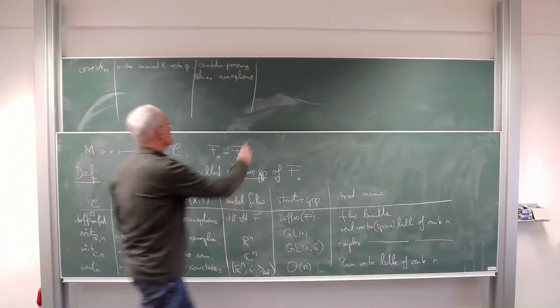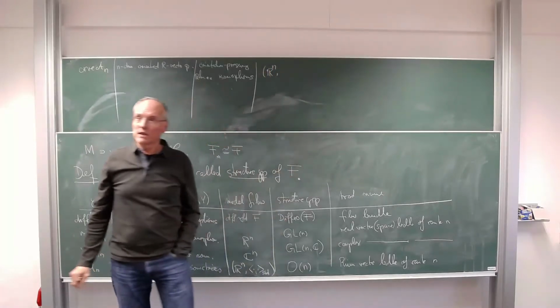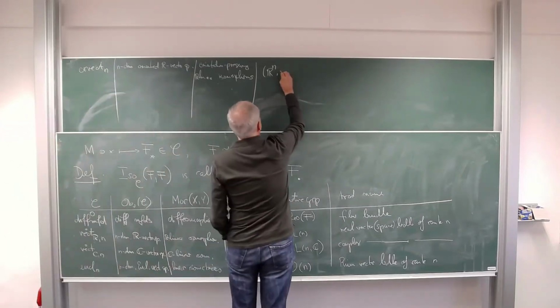And again, as my model fiber, I can take Rn together with its canonical orientation, for which the standard basis is positively oriented. Standard orientation.